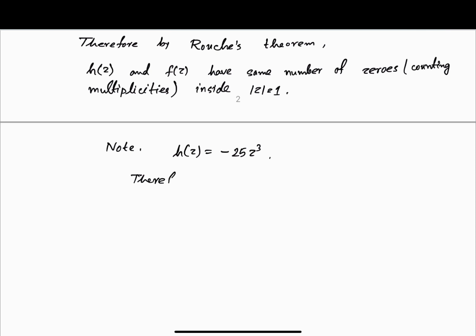So therefore hz has 3 zeros inside mod z equals 1, right?